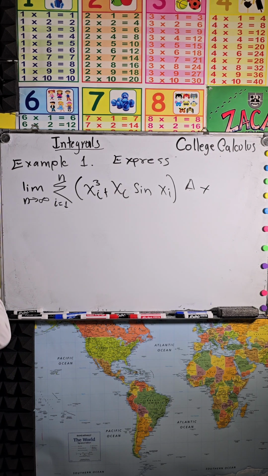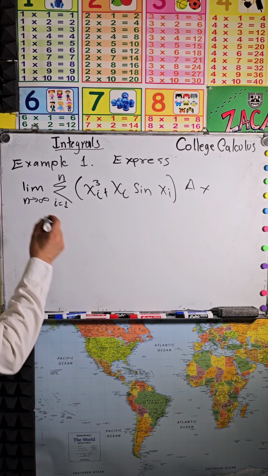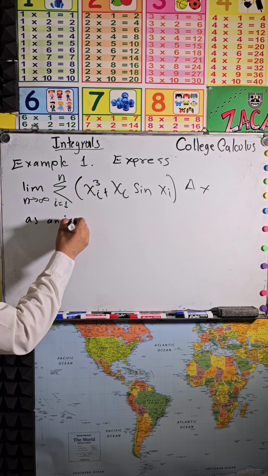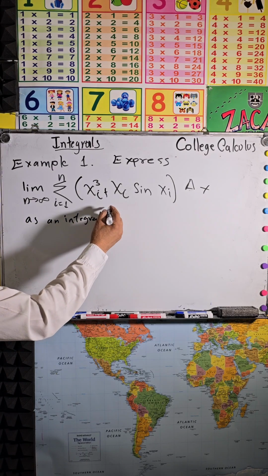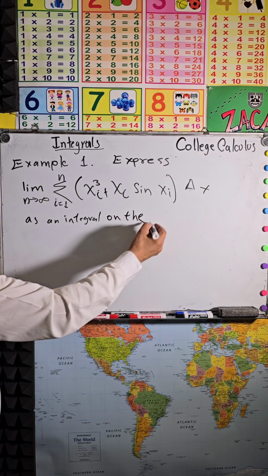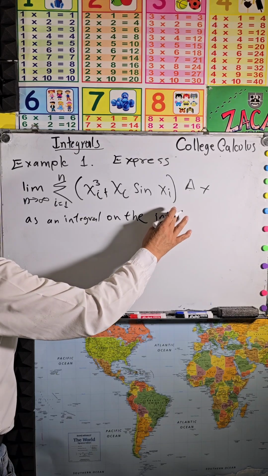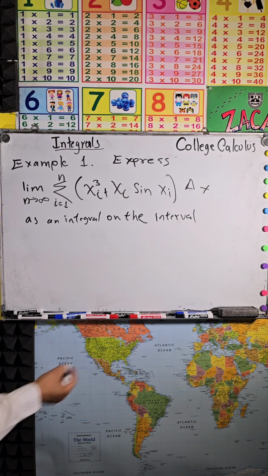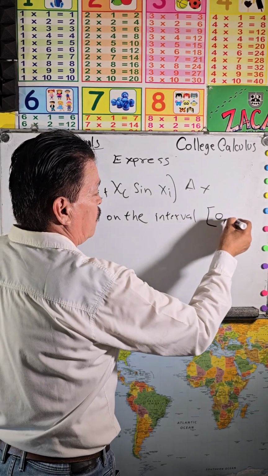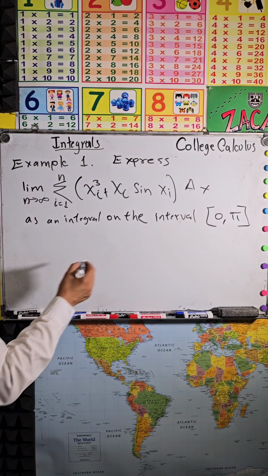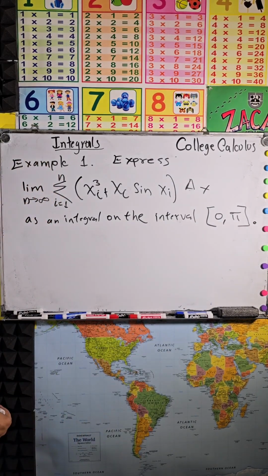We have to express this as an integral on the interval. Let's write 0 and pi. Okay. This is our problem. Okay.